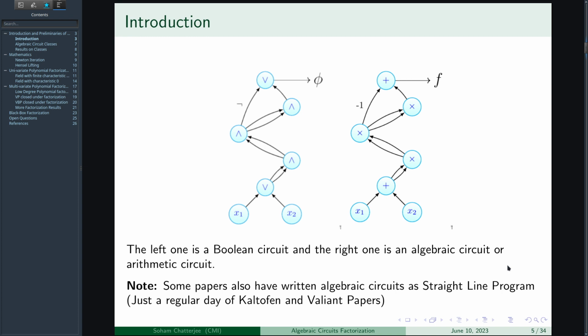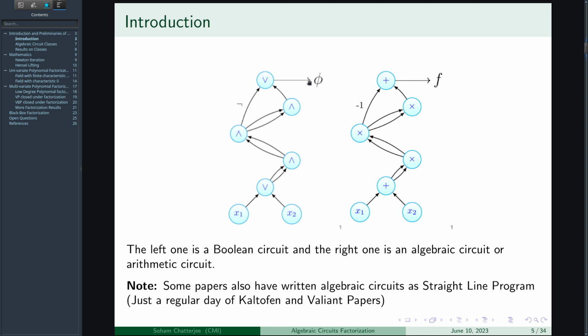You start computing from the inputs, and suppose here x1 and x2 go into an OR gate, so the value at this OR gate is x1 OR x2. Finally, whatever Boolean formula we get at the top gate is the value of the circuit.